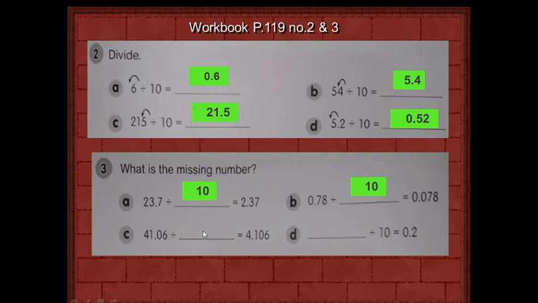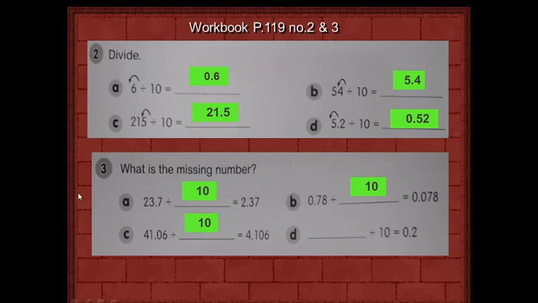41.06 is divided by what number equals 4.106? Before that, the decimal point is between 1 and 0. Now it is between 4 and 1, so it is moving to the left one time. So it is divided by 10.